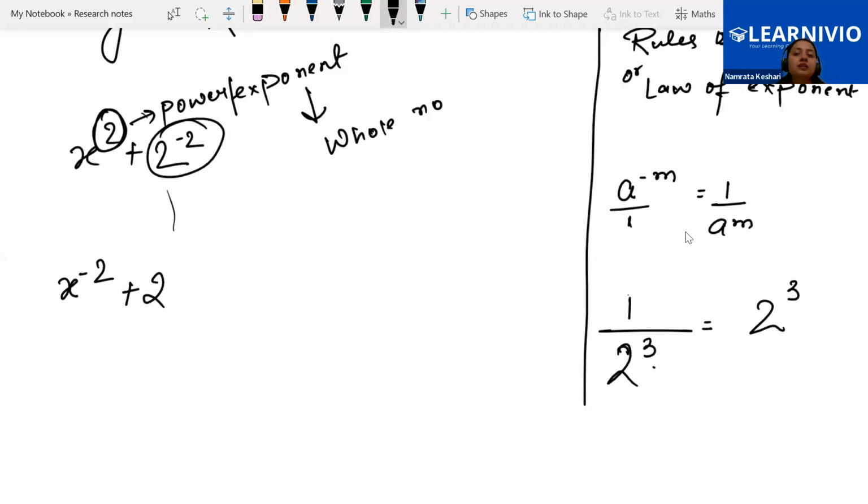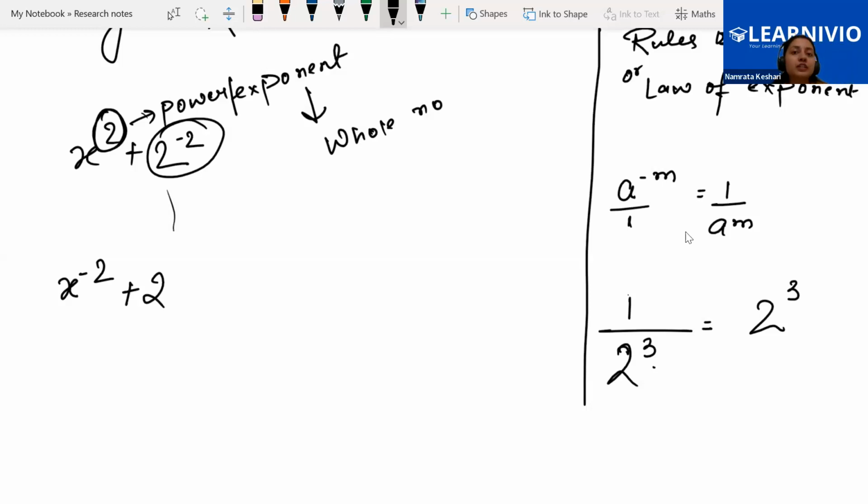The sign of the exponent will get reversed. If it was positive already, it will become negative now. If the exponent was positive, it will become negative. If the exponent is negative, it will become positive.